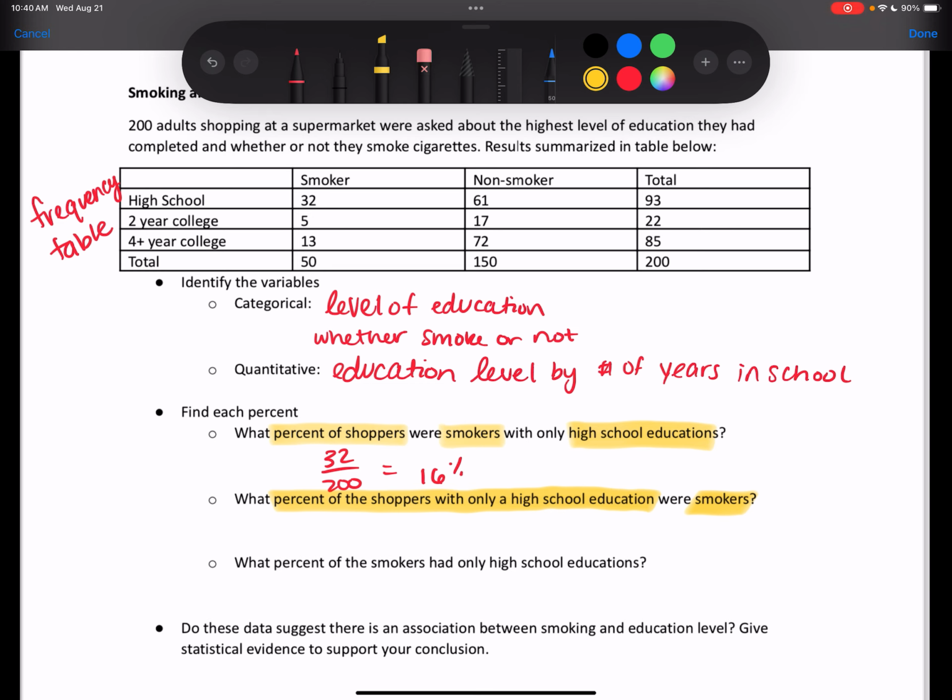And the smokers within that would be 32, so 32 out of 93, which comes out to be 34%.